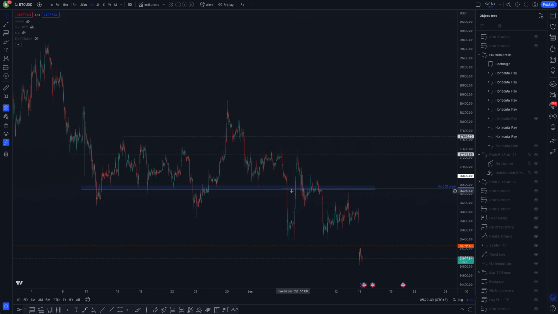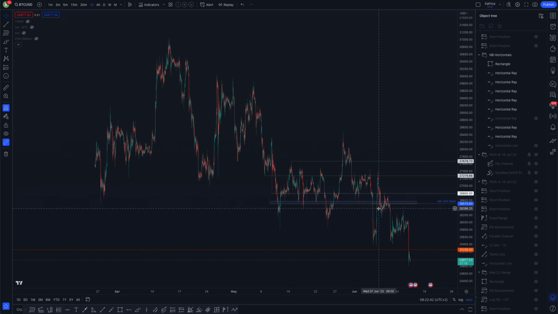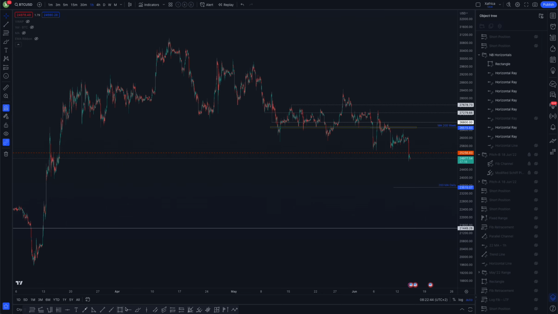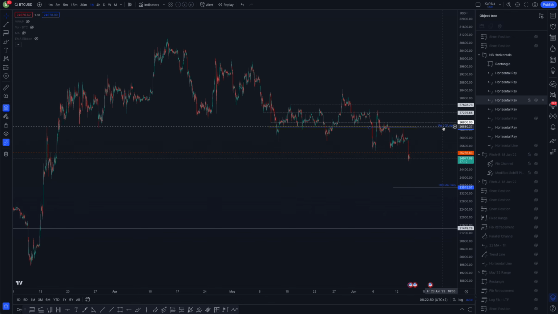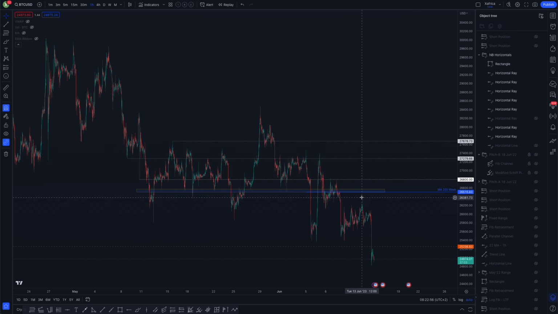I just put it in as a short little horizontal array. So you see there's the 200 daily moving average and the weekly, and that corresponds with quite an important horizontal level. And you can see why I think this, and that also in confluence with that setup last night, why I took that, or I was prepared to take that trade last night.